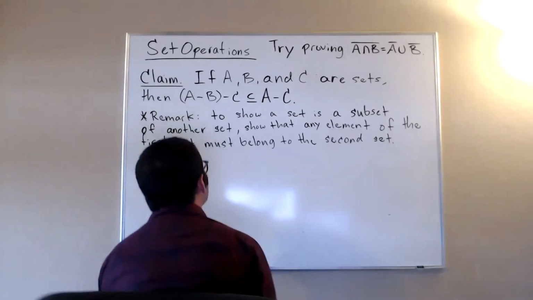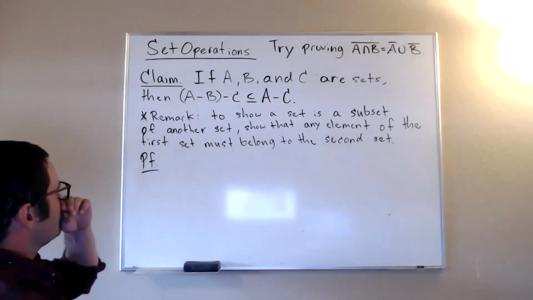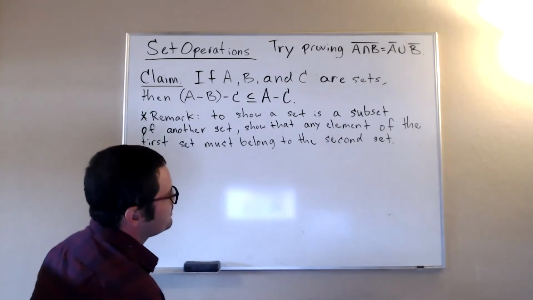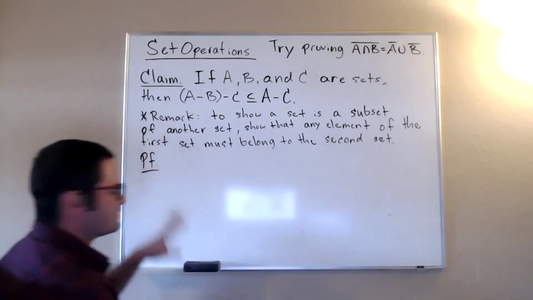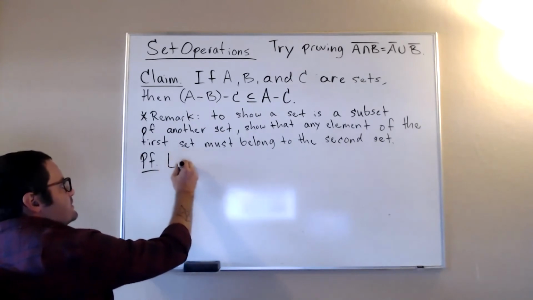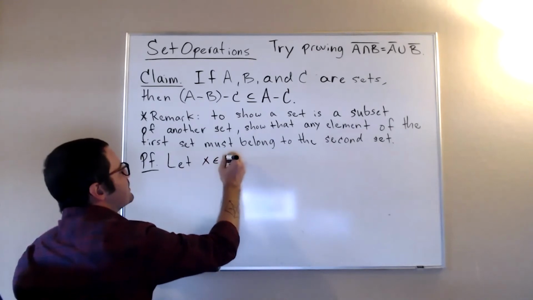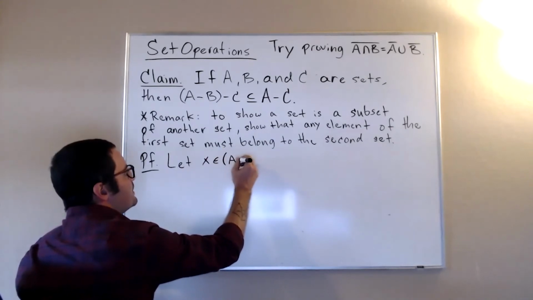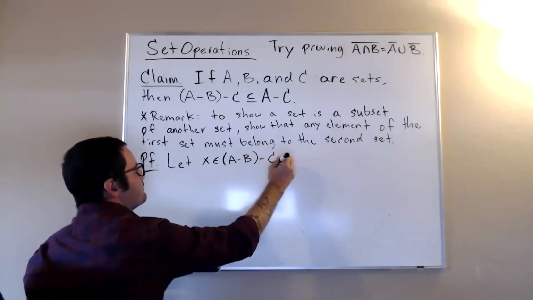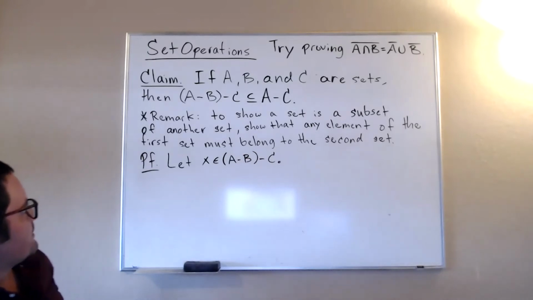See if we can figure it out just by using definitions. So again, you probably want scratch work on the side, but I'm just going to walk through it. I'm going to say let X be an element of A set difference B set difference C. Okay, so what have I done here?